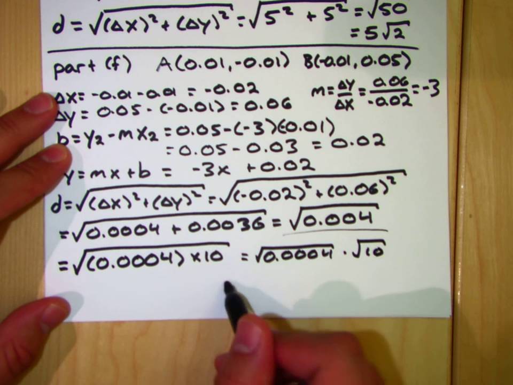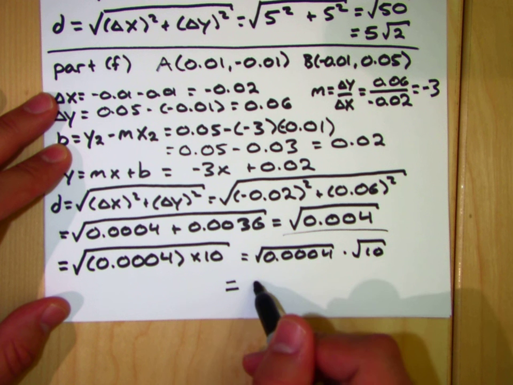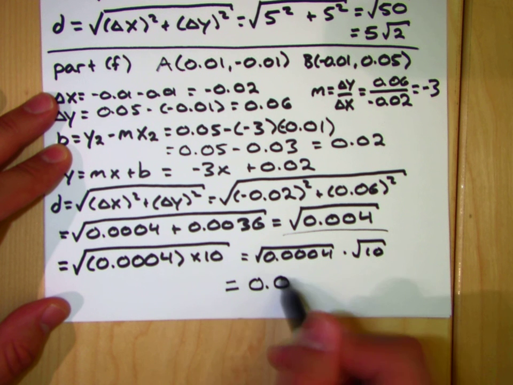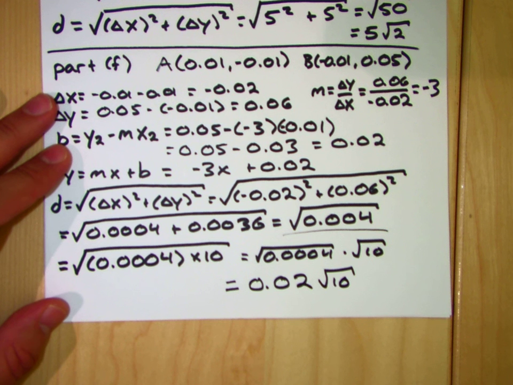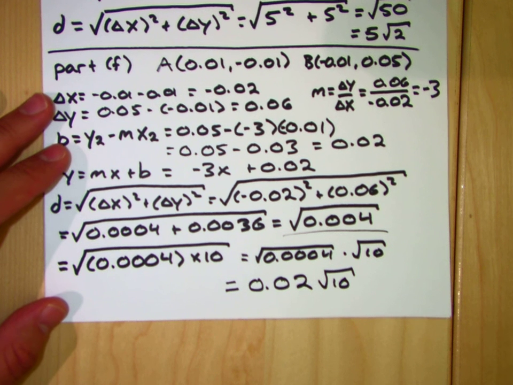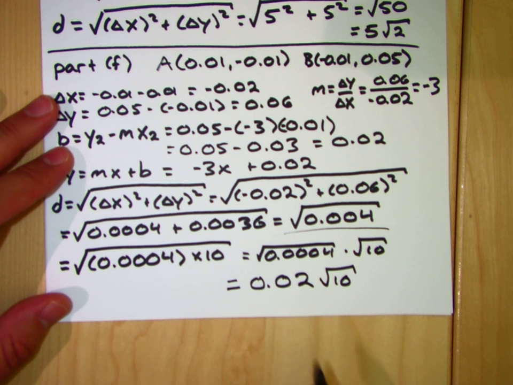And I know the square root of 0.0004 is just 0.02. And that, I suppose, is a slightly more simplified expression for the distance between these 2 points.